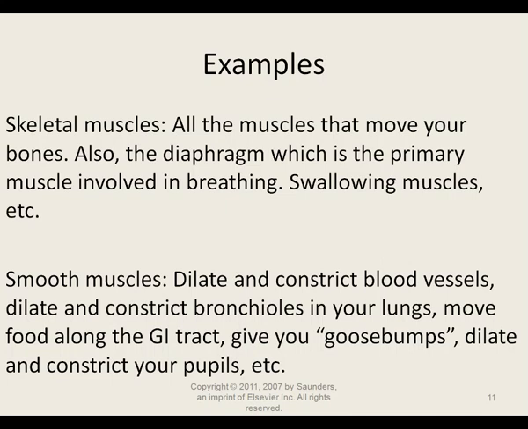Smooth muscle is what moves food along the GI tract in a process called peristalsis. When you get goosebumps, the little hairs that stand up are controlled by smooth muscle. And, of course, dilation and constriction of your pupils is another example. Make sure you know the difference between skeletal muscles and smooth muscles.